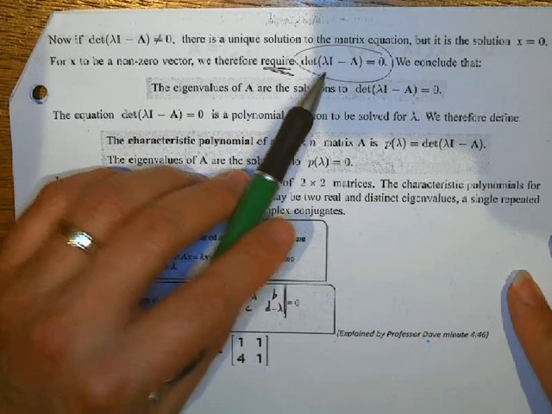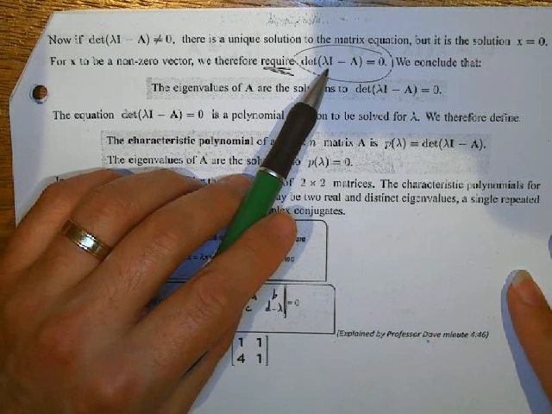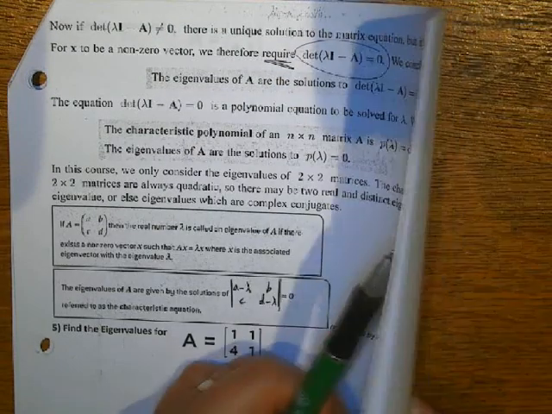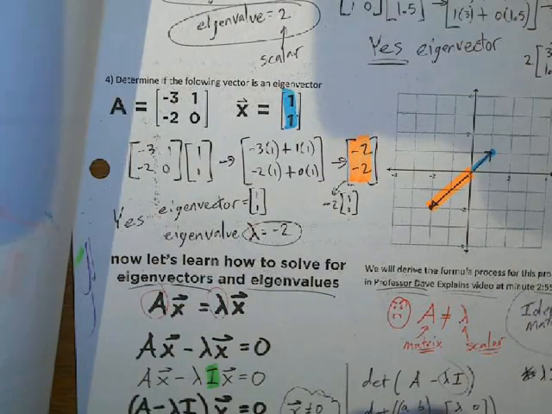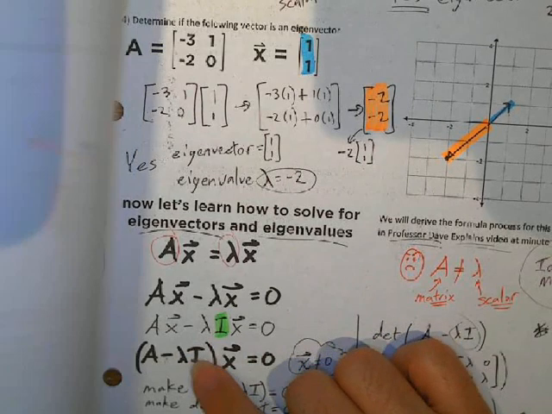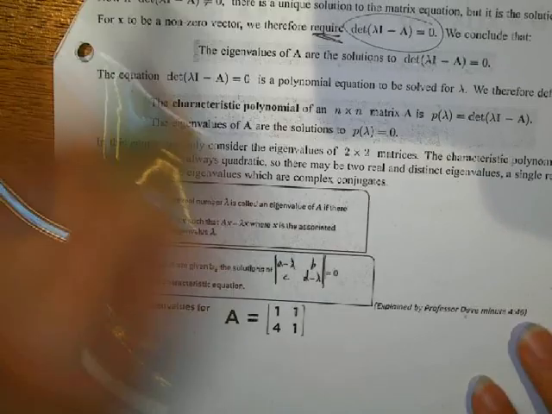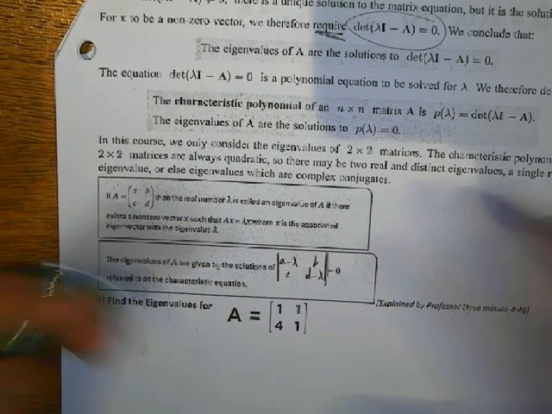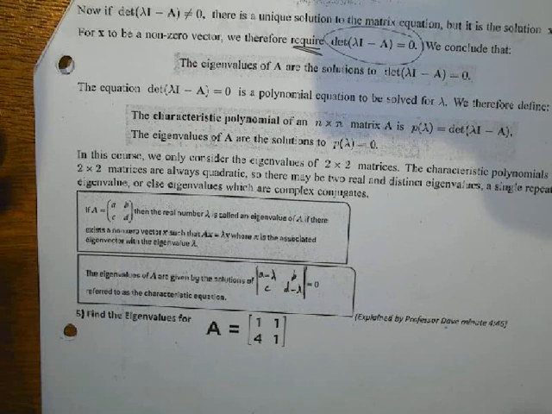Now, in this example I have lambda I minus alpha, and over here I have alpha minus lambda I. It doesn't matter the order, because when you take the determinant it's going to cancel out anyway.